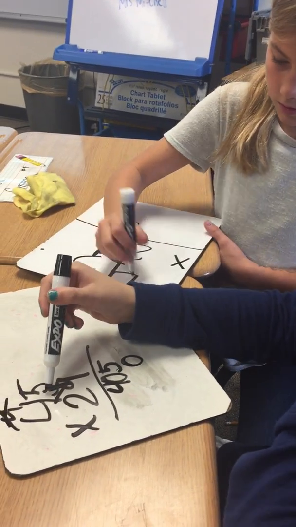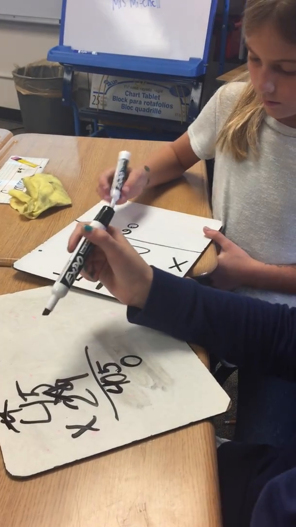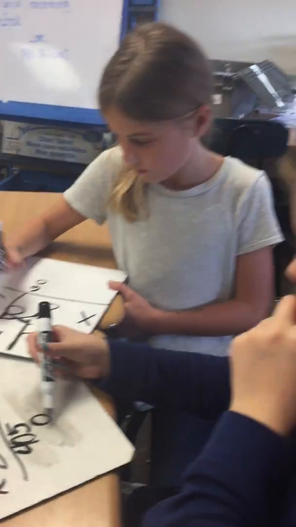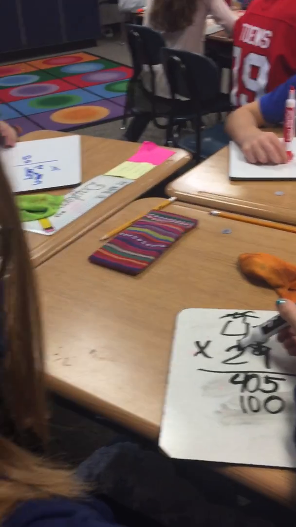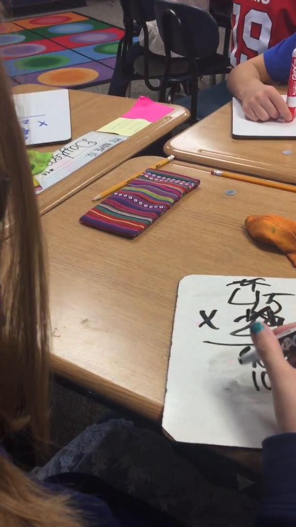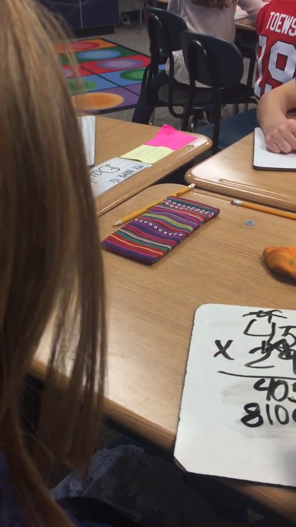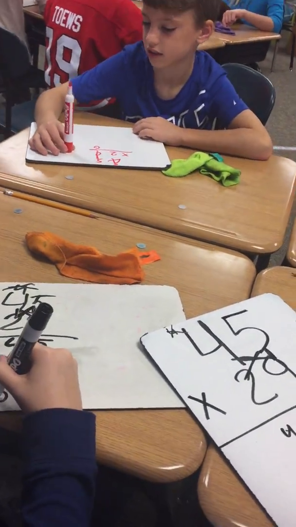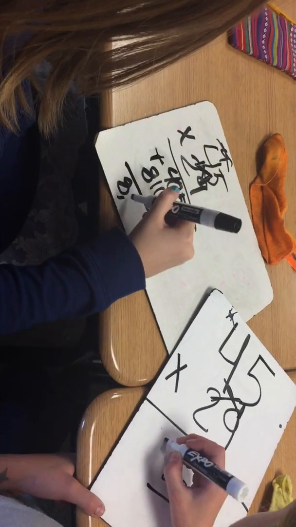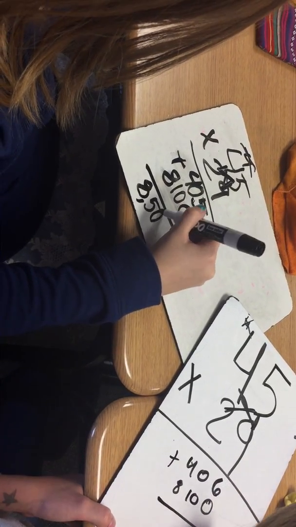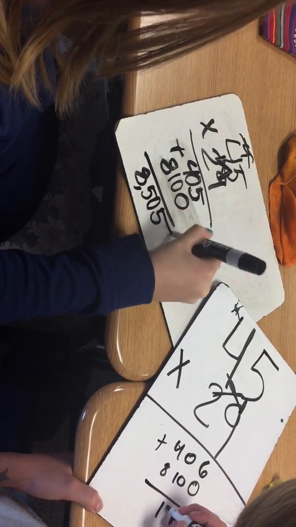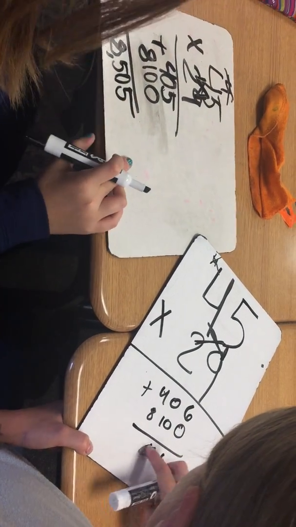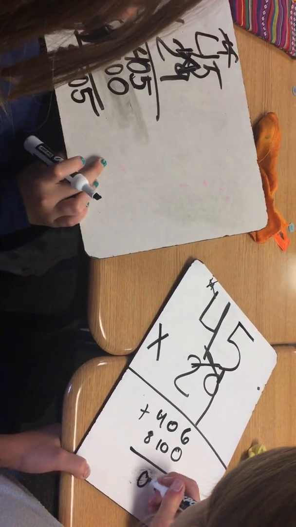Wait, no. And then 5 times 2, 9 equals 10. And then we'll just add this together. So 8, 500. Okay. Yes. You got it?